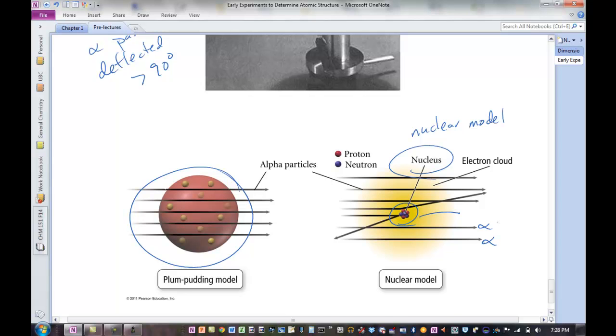Now, this is not drawn anywhere close to scale in terms of the size of what we call the electron cloud, the region of space where the electrons are moving, and the nucleus. Let me try to paint a picture for you and give you an appreciation for how small the nucleus is relative to the region of space that the electrons occupy. Take a helium atom, which is really, really tiny.